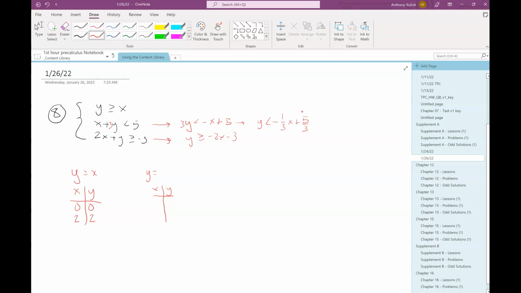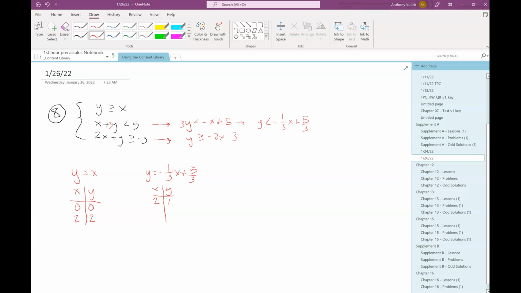Did you not like the fractions there? Yeah, I don't know. It's all right. So I'm going to be a little bit careful here. I'm going to pick x to be 2. When I plug that in, negative 2/3 plus 5/3 just gives me 3/3.